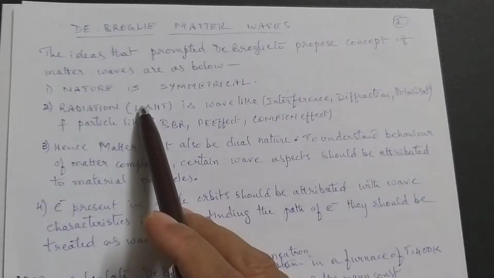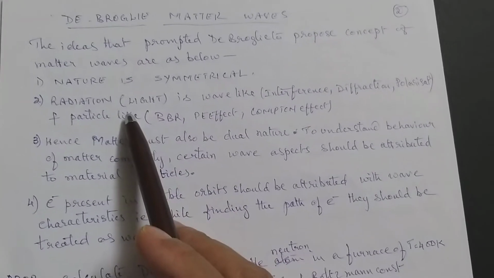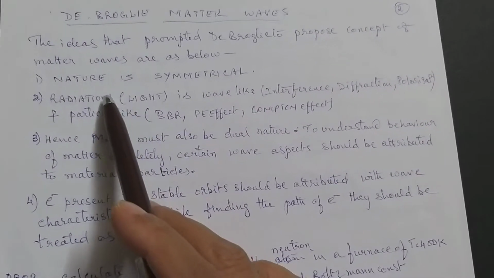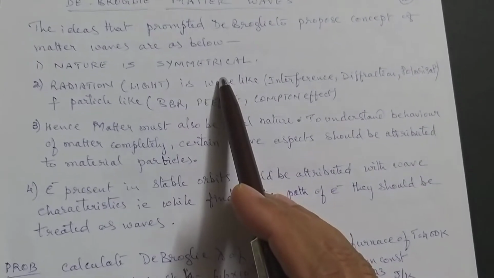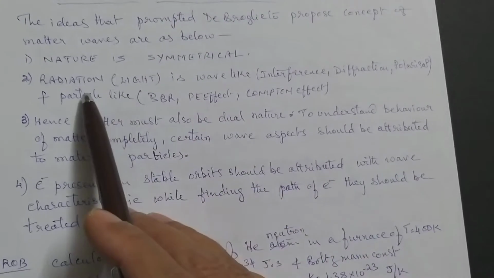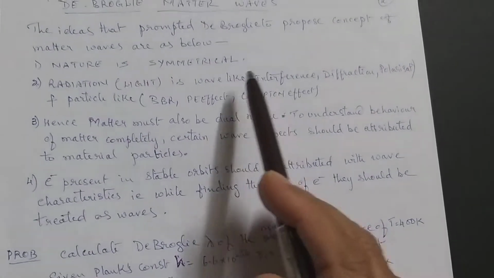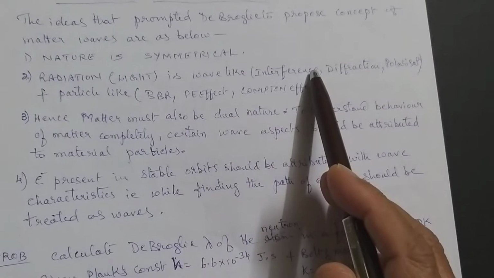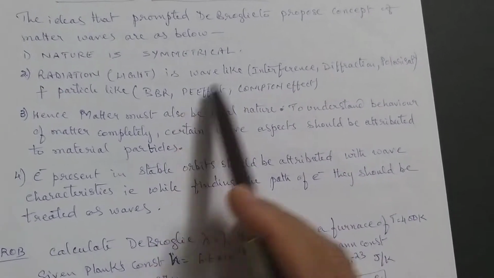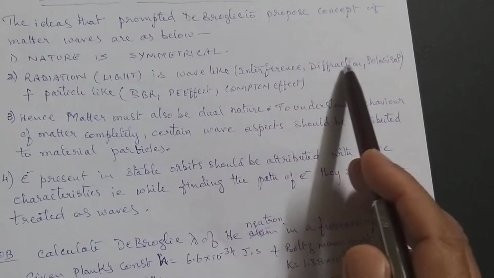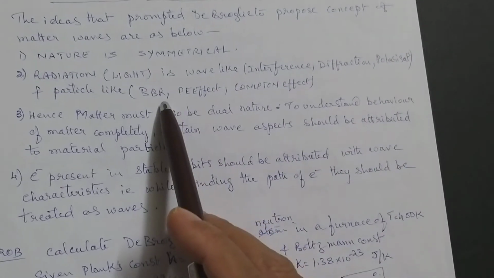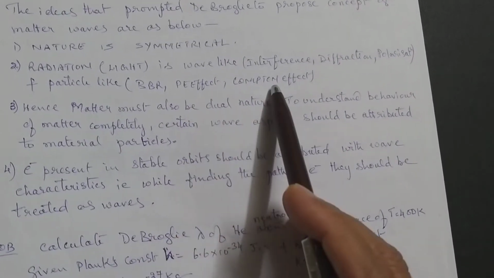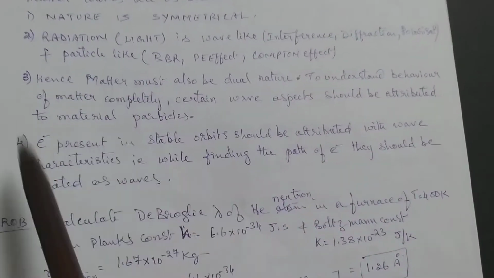So how did de Broglie visualize it? First of all, he put forward his argument that nature is symmetrical and radiation exhibits wave nature as well as particle nature, supported by interference, diffraction, polarization for wave nature, and black body radiation, photoelectric effect, Compton effect for particle nature.